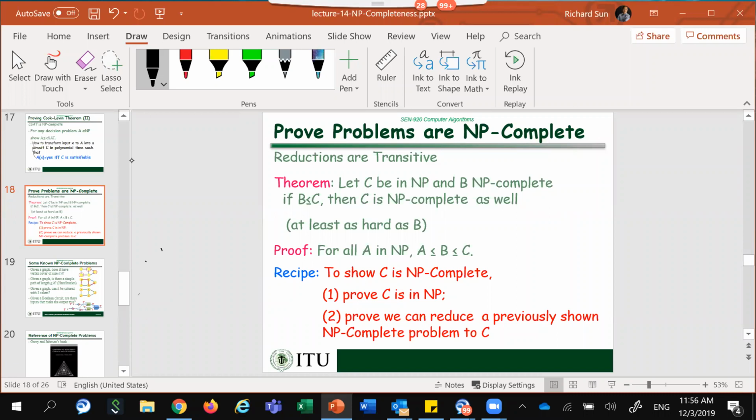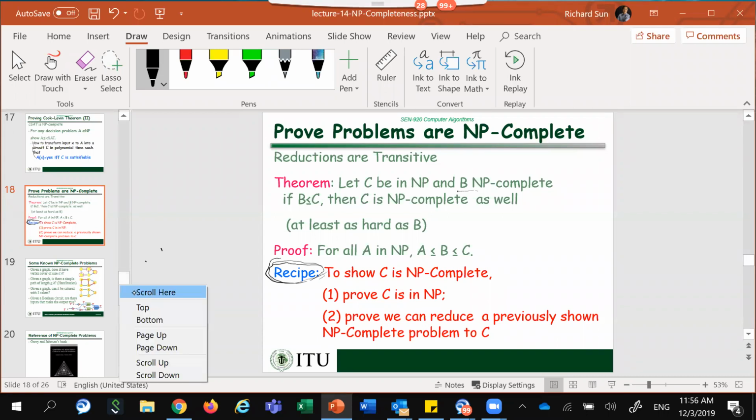The second step is to prove you can reduce a known NP-complete problem to C. Like in this case, B is already NP-complete, and if you can prove B is polynomial time reducible to C, then C is NP-complete. So this is the recipe. This is also what Richard Karp did. Richard Karp used these two steps to prove many other problems are NP-complete.